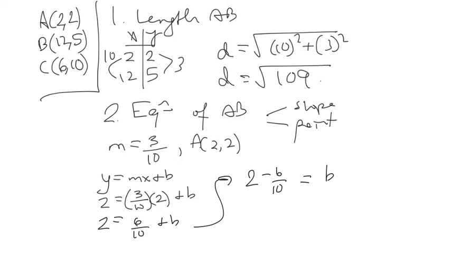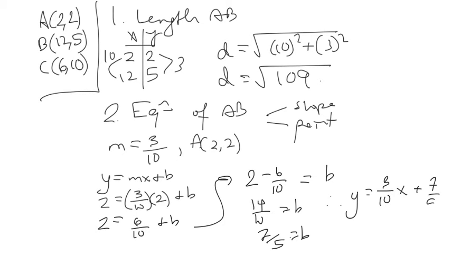And in this case, I get 14 divided by 10, or in lowest terms, 7 over 5. So my equation is y equals 3 divided by 10 x plus 7 divided by 5. Okay, that's the equation of AB.